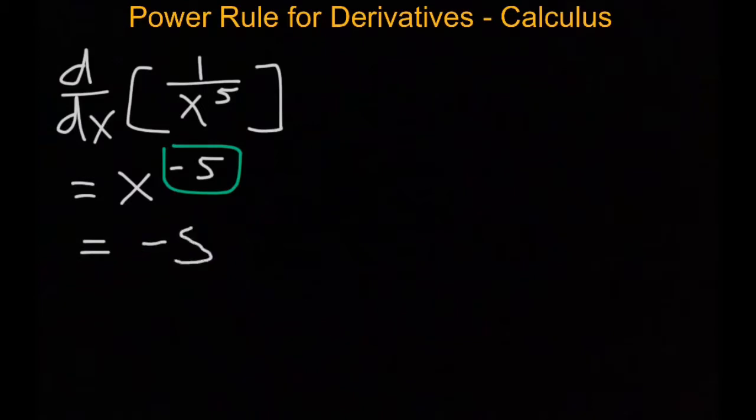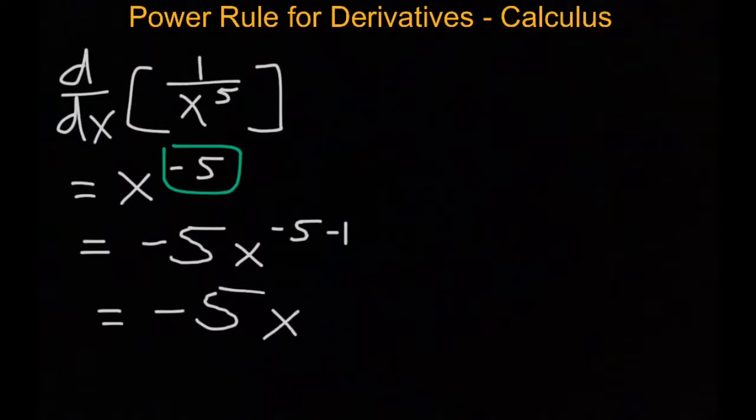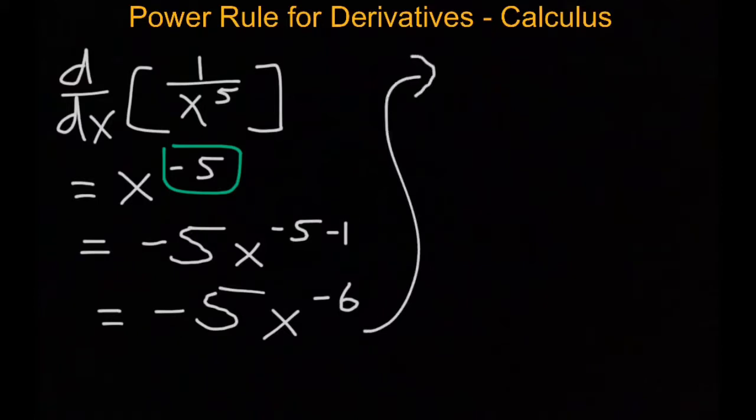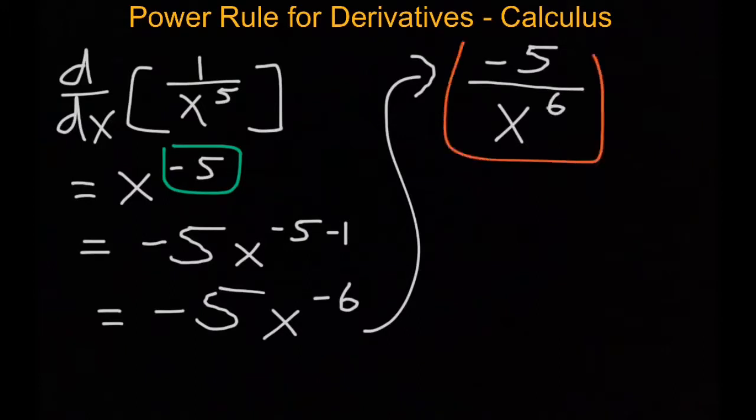So we'll have negative 5 times x to the power of negative 5 minus 1. And so we get negative 5x to the power of negative 5 minus 1, which is negative 6. So now we can bring x to the power of negative 6 down to the denominator. So we'll have negative 5 over x to the power of positive 6. And this is our answer.